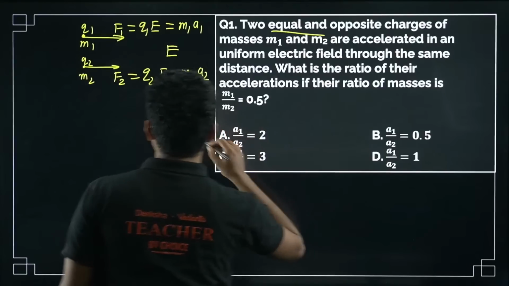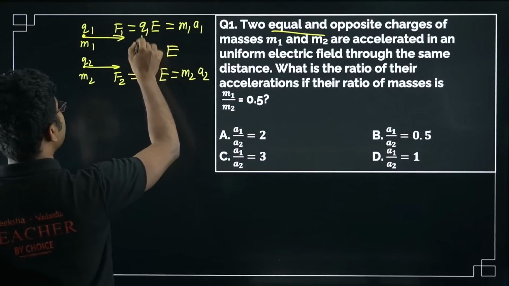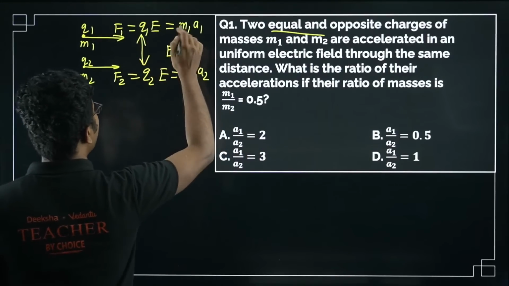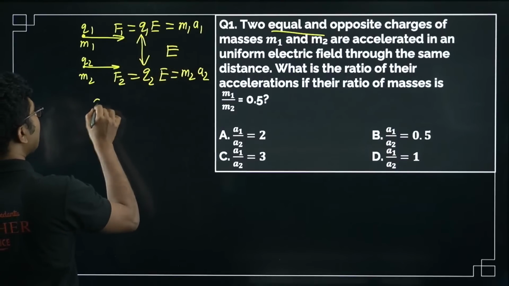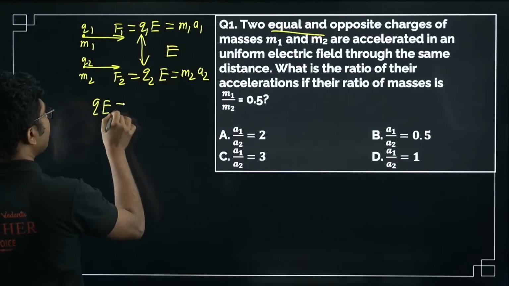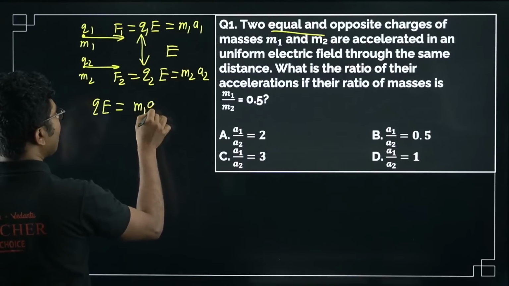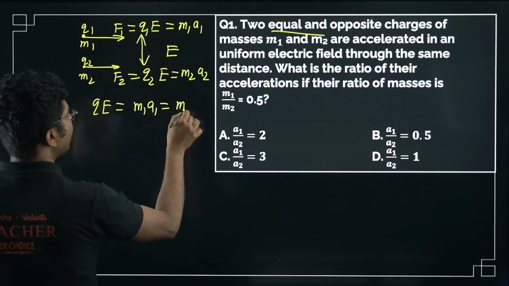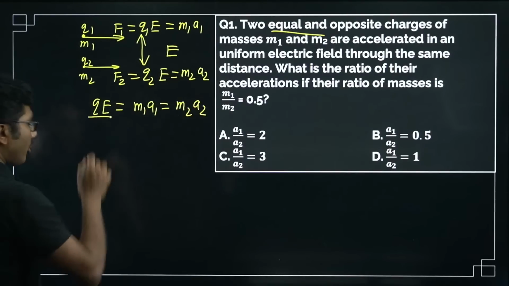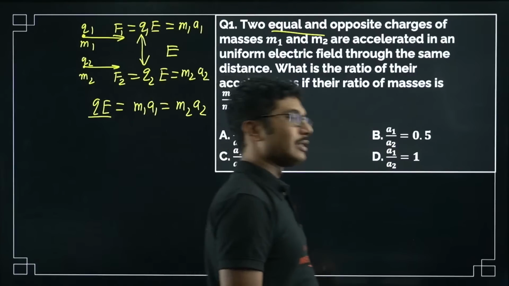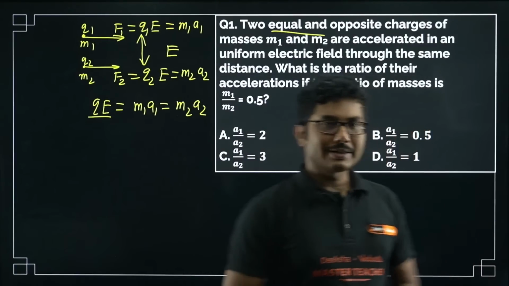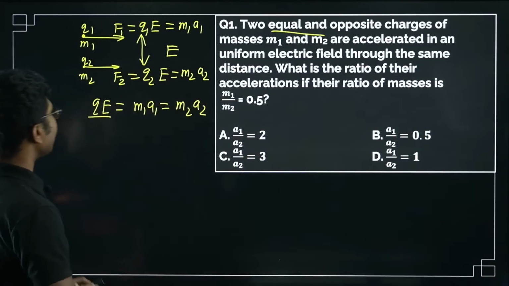The charges are equal, which means Q1 equals Q2. So we can say that Q into E equals M1 A1 equals M2 A2. Because both have the same charge but different mass, the force acting on them will be the same.